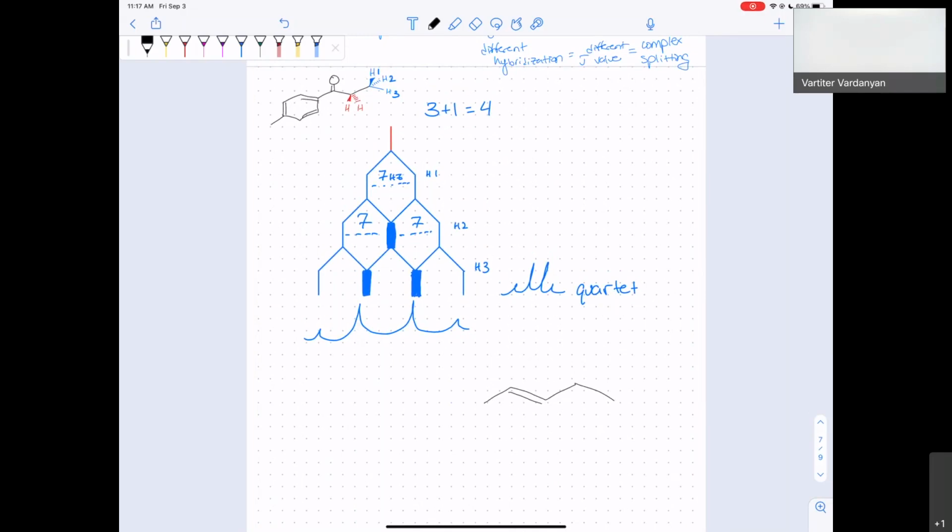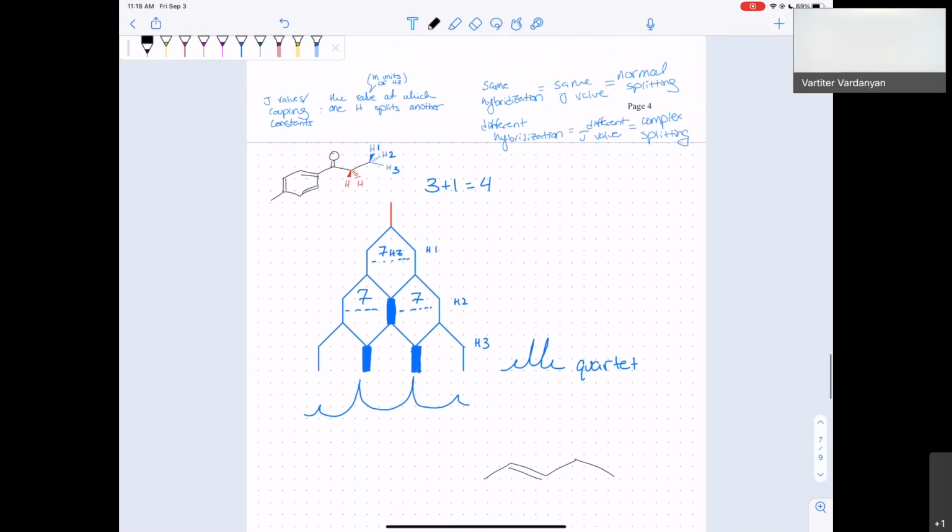So the whole basis of these tree diagrams has to do with J values. Does anyone remember what I said about J values? Yes. Yes, exactly. So those are synonymous with one another. Exactly. What else do you guys remember? Perfect. Okay. So it is right up here.